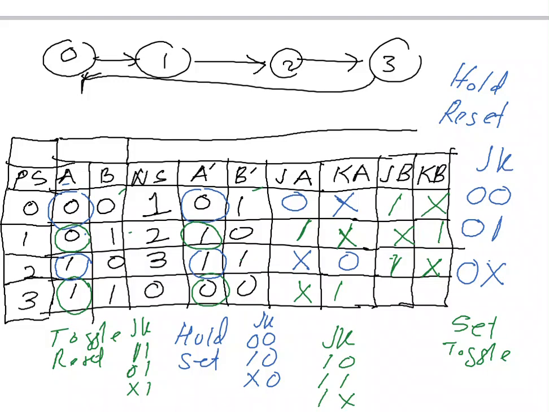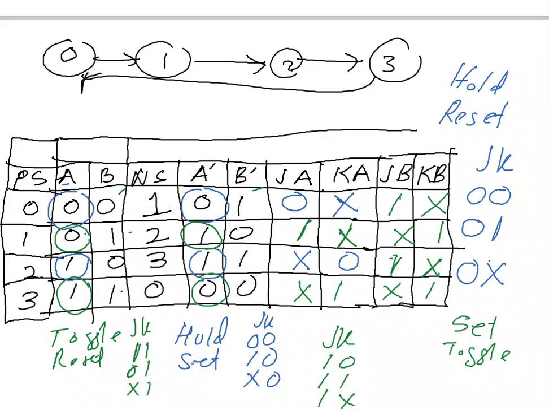Okay, then the last one from here, B1 to B prime 0. So 1 to 0 is reset, either 0, 1 or toggle. Okay, 0, 1 or 1, 1. So x1.